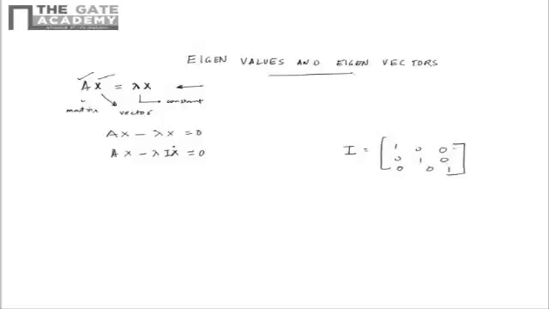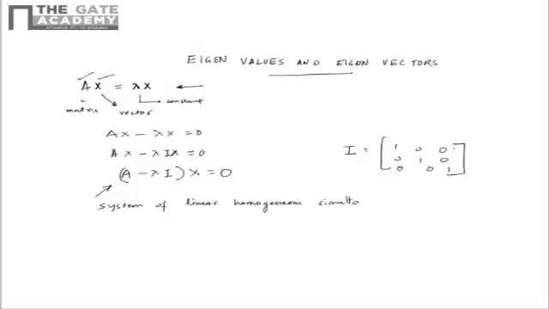Now, by the properties of multiplication, I can take x common, giving (A minus lambda I) x equal to 0. So this is a system of linear homogeneous simultaneous equations.